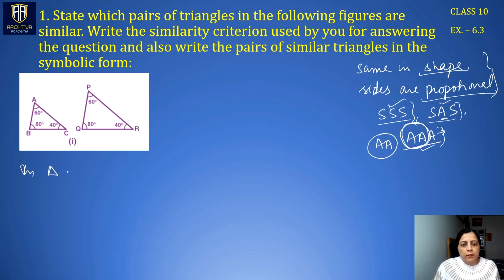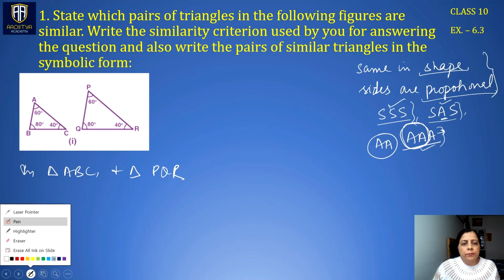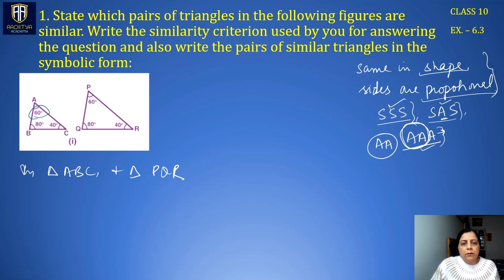Mention the name of the triangles in the beginning. In triangle ABC and triangle PQR, now check for the corresponding equal parts. If we have angle A here 60 degrees, which angle is here 60? It is P. So I can write angle A is equal to angle P, each 60 degrees.